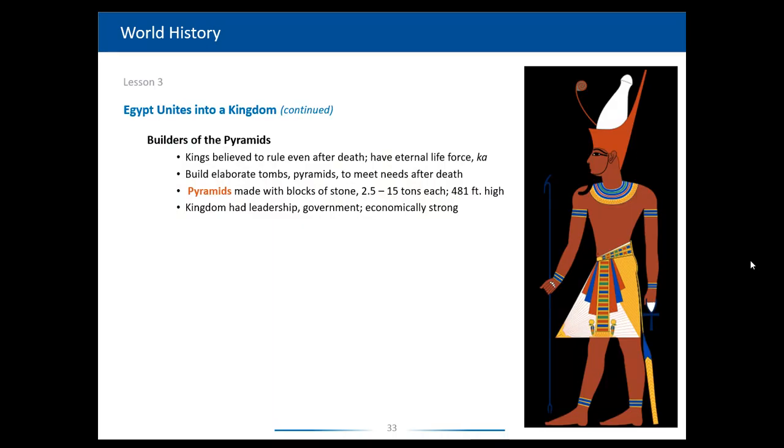Builders of the pyramids. Kings were believed to rule even after death and to have an eternal life force called Ka. Therefore, the pharaohs or kings of Egypt built elaborate tombs.